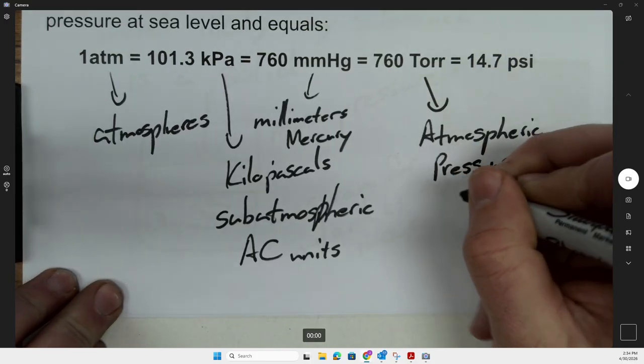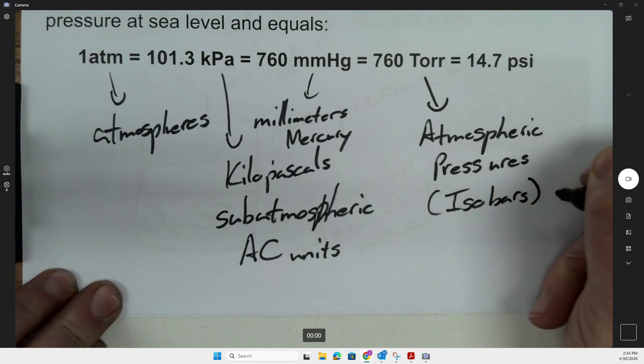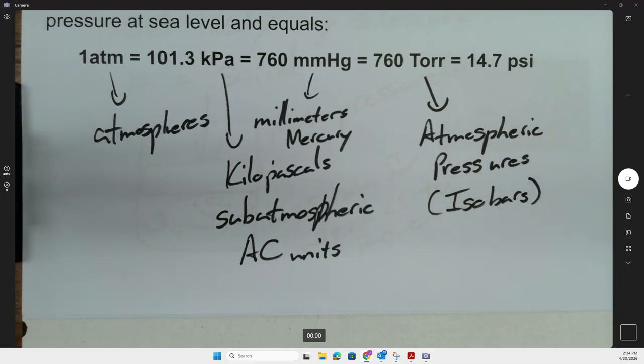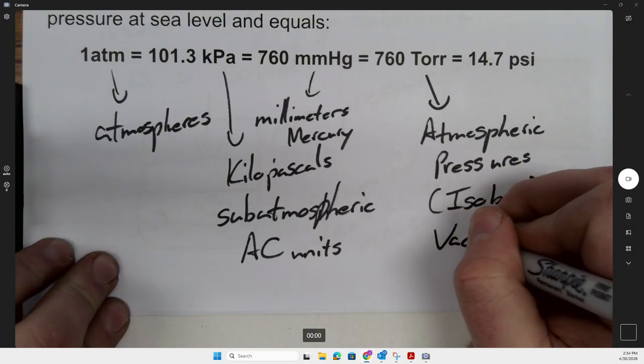You saw these in earth science as the isobars. We're talking about pressure in the atmosphere, the bands of similar pressure. They're also used in high-powered vacuums.